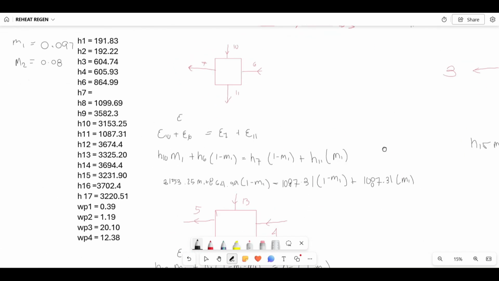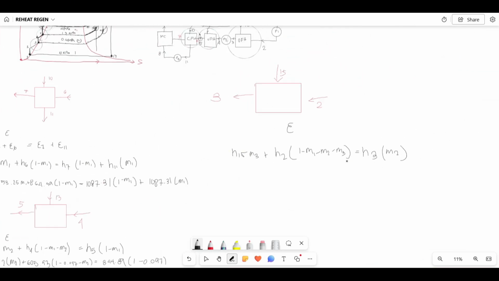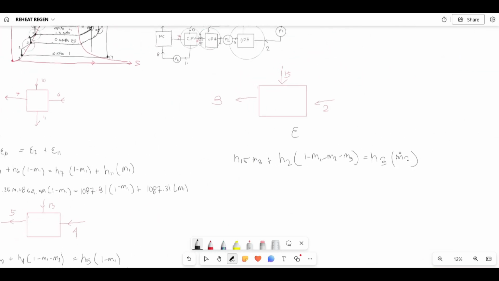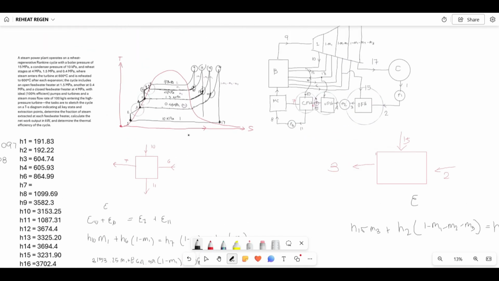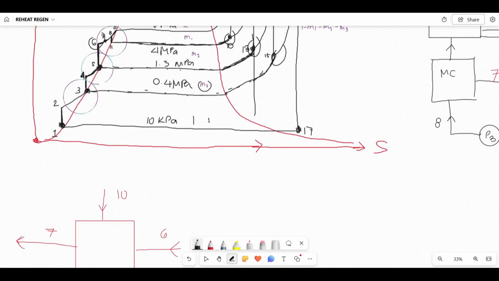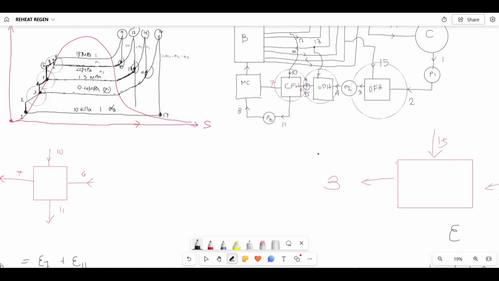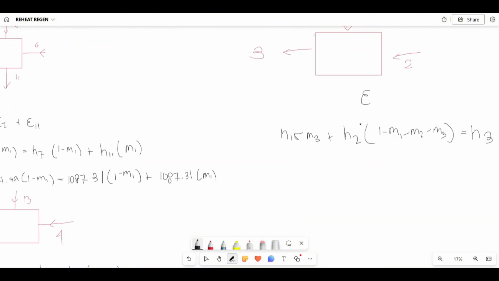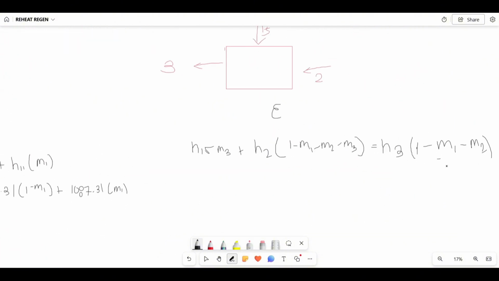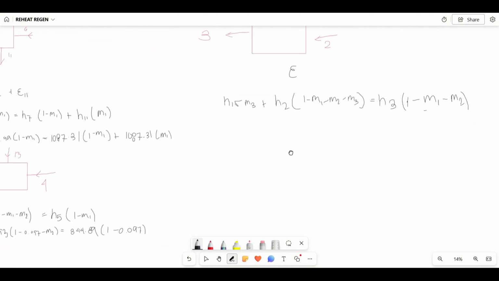Therefore, what happens here is that H3 now only lacks of M3, so 1 minus M1 minus M2, because H3 was sufficed here. This is mass 3 here, and it was sufficed there. So it was sufficed by H15. So that's why the output here is just like that.